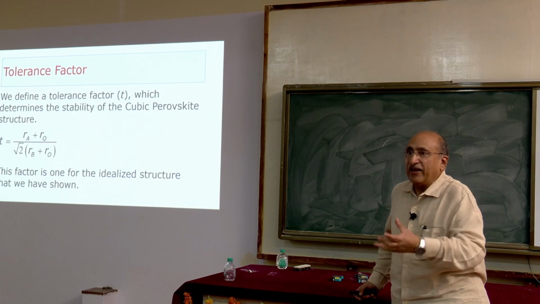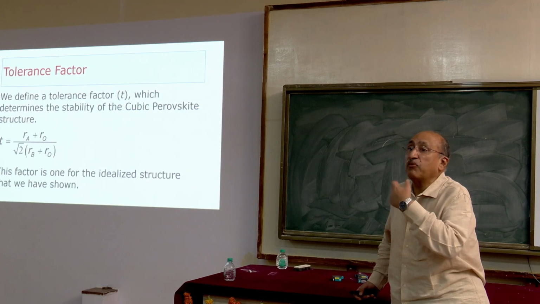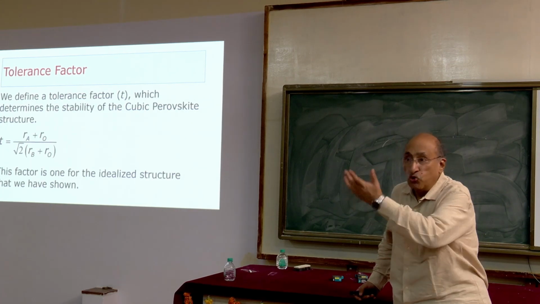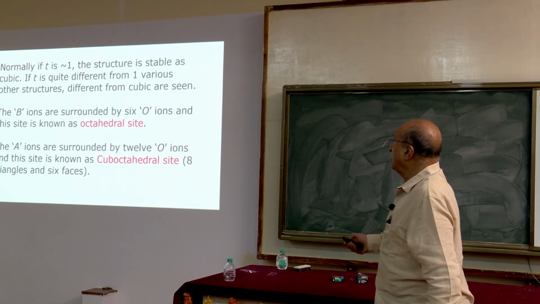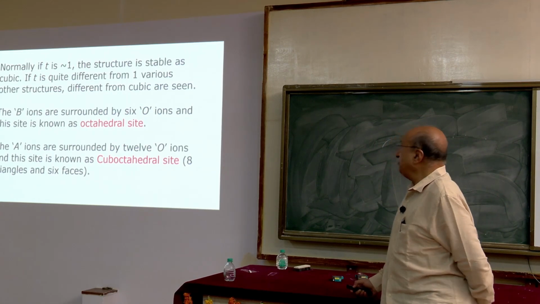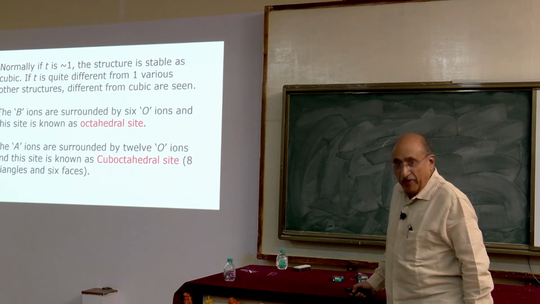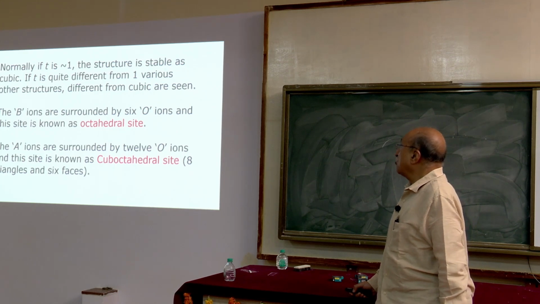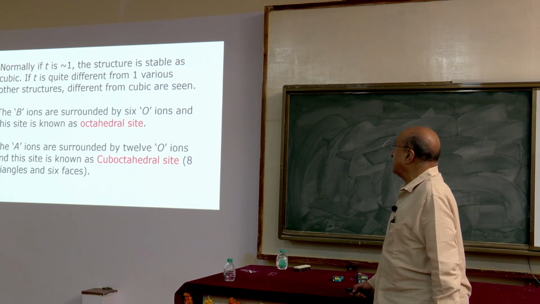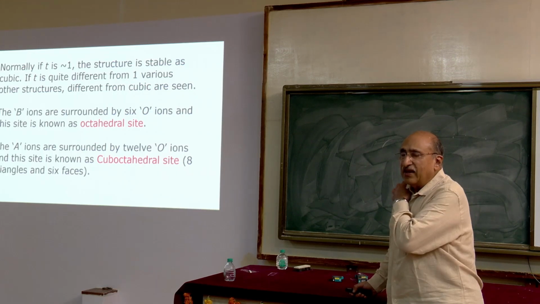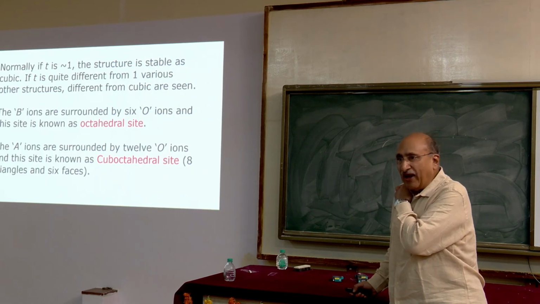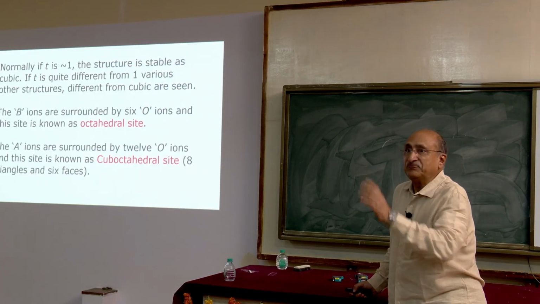Depending on what ionic radii you are using, the structure may become quite different, may even lose cubic symmetry sometimes. Normally, if T is around 1, the structure is stable as cubic. If T is quite different from 1, various other structures different from cubic are seen. I would just like to tell a little bit about the environment of each atom.